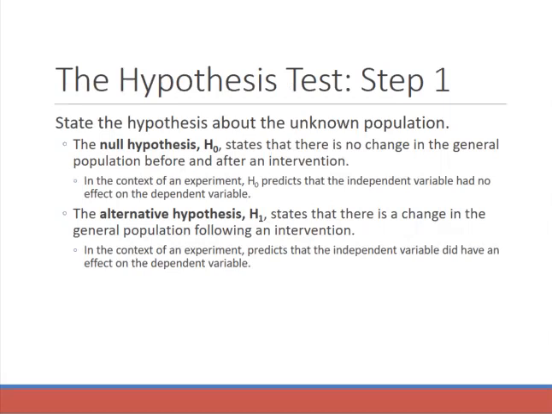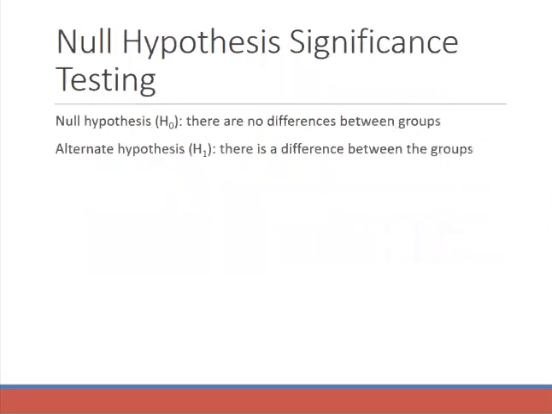The alternative hypothesis doesn't necessarily state what type of change there is, whether it gets bigger or smaller, but the alternative hypothesis is just there is a difference. So again, null hypothesis, there's no difference between groups. Alternative hypothesis or alternate hypothesis is there is a difference.